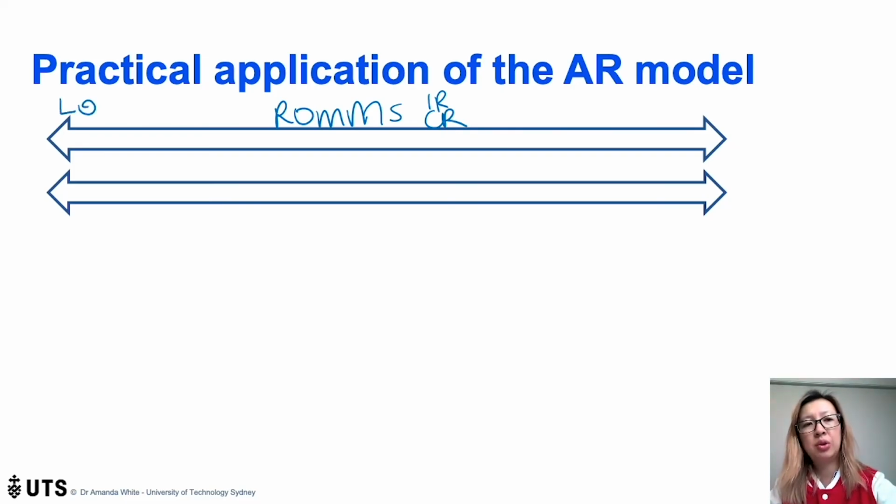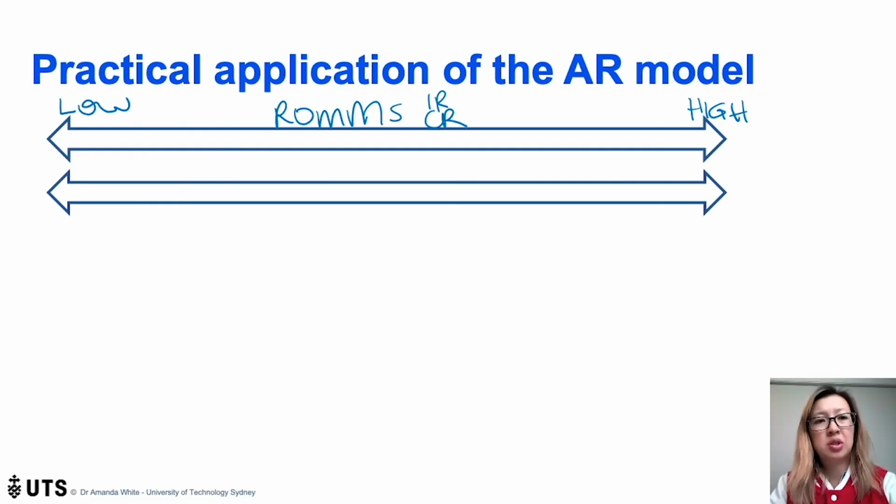So let's have low control risk down here and high control risk over here on the right. So this is low CR, high CR, and it does include inherent risk, but the quality of the internal control system is also going to drive part of our audit strategy as well as the level of inherent risk.